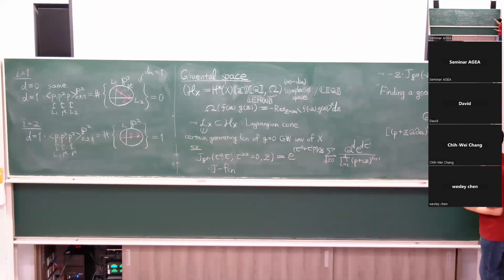It is easy to see that the J function satisfies this partial differential equation, and this corresponds to the relation.